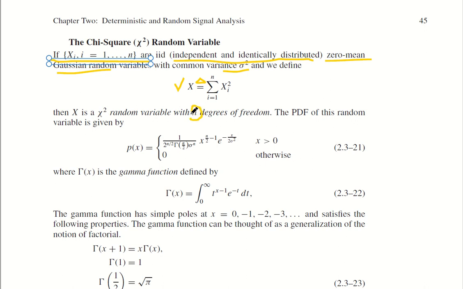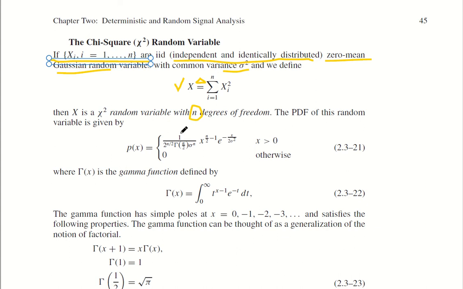The number of random variables stands for the degrees of freedom. Let's say you have a summation of 10 Gaussian random variables, then you have degree 10. If it's 15, then it's 15, or whatever number you want. So this is the summation of Gaussian squares.